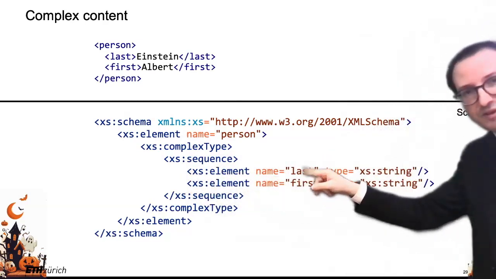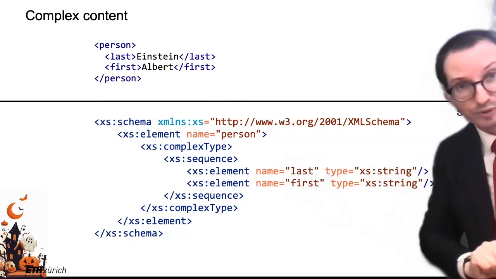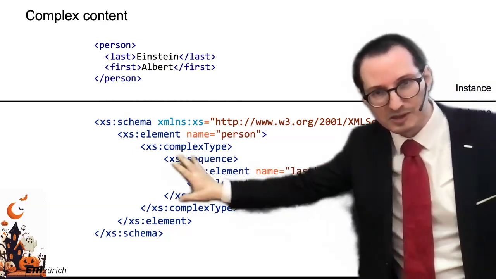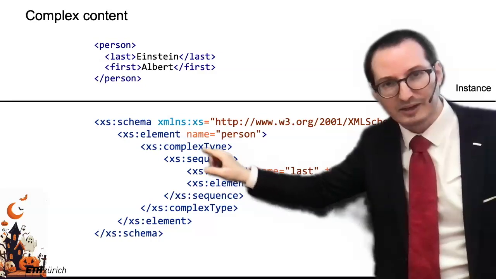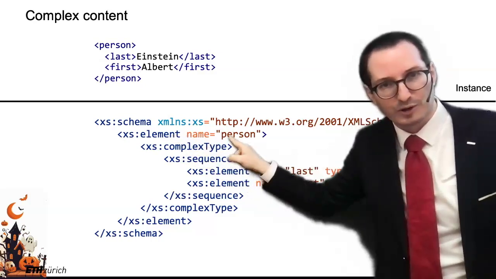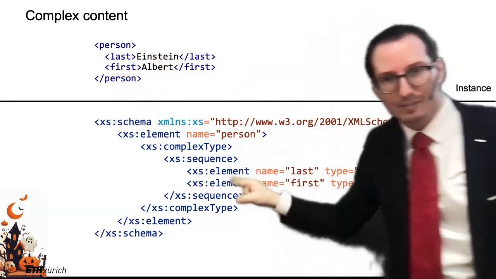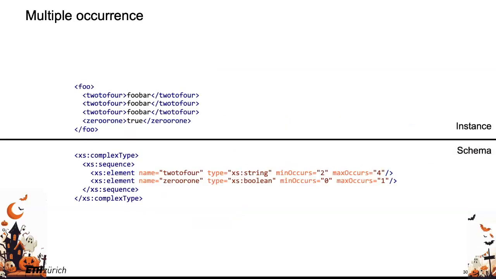So this is why you can only change what you put as the values here of the attributes. And these two you nest into a sequence, that's also a static thing, so sequence, inside the complex type element, also static, inside the element person. So the element called person is a complex type containing two elements, last and first, that are strings. Okay, so that is how you define a more complex nesting structure.